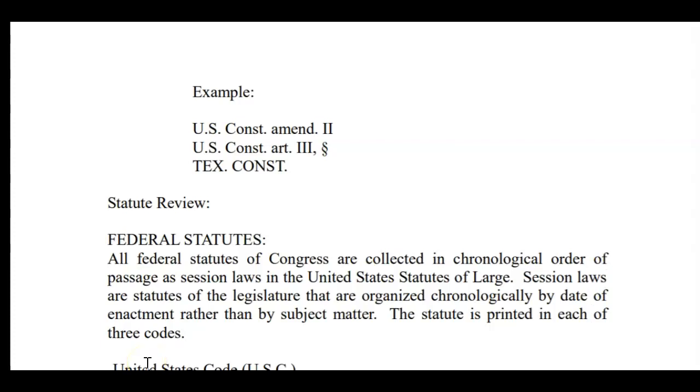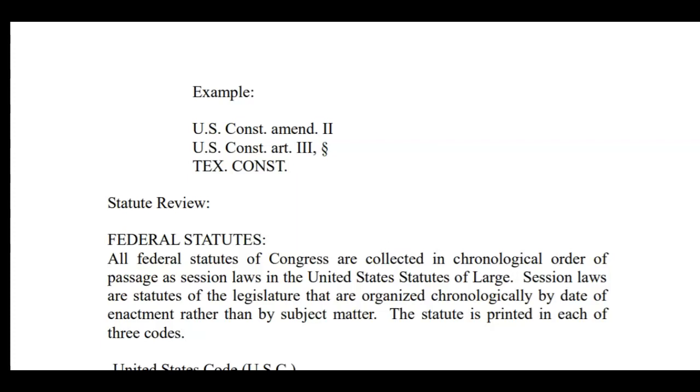Element B, the cited part. Parts often include articles, okay, then use the abbreviation for that, or amendments, the abbreviation for amendment, and clauses. There's an abbreviation for clauses, and you also have sections, which you use a symbol for. Then there's no punctuation to separate the name of the Constitution from the first part identifier.